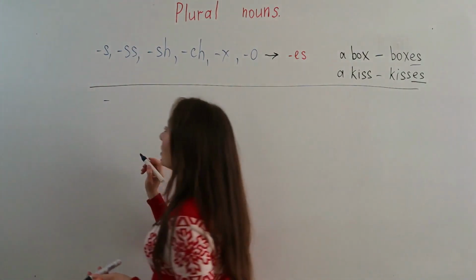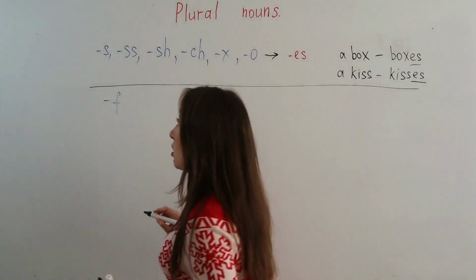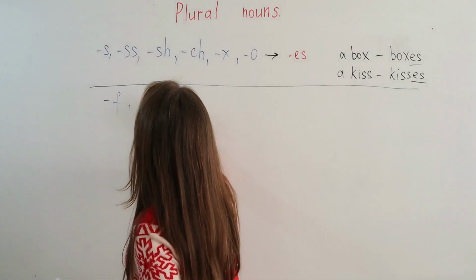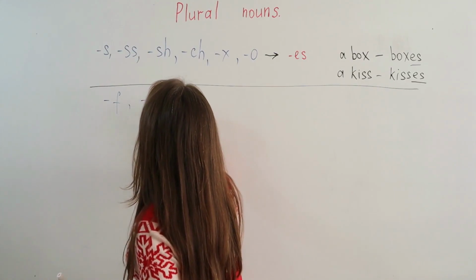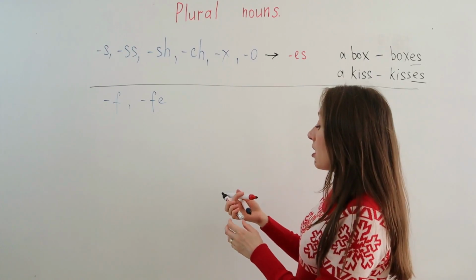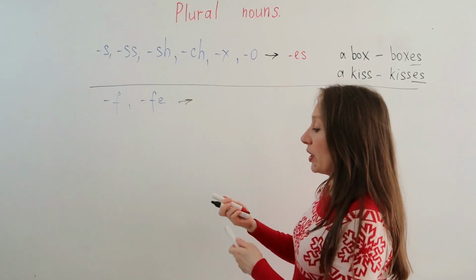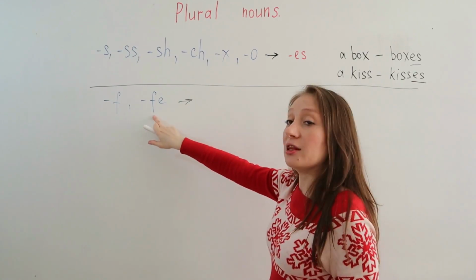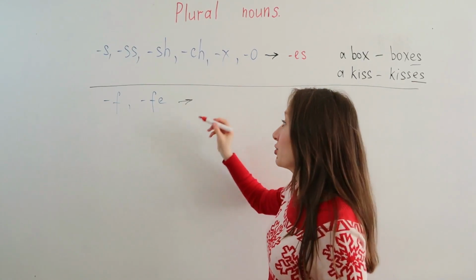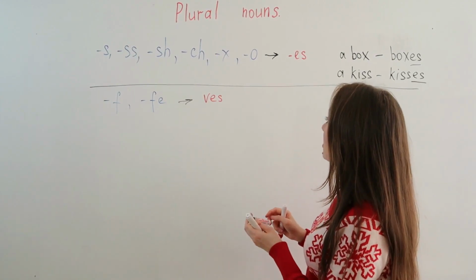It's when the word ends with the letter f or fe, right? So here the end of the noun will be the following. We change the letter f into the letter v. So we have ves, right?